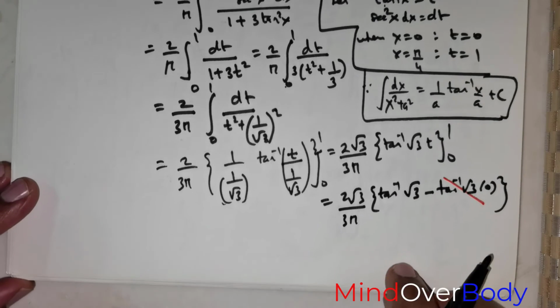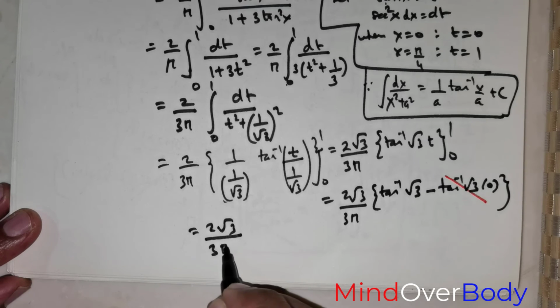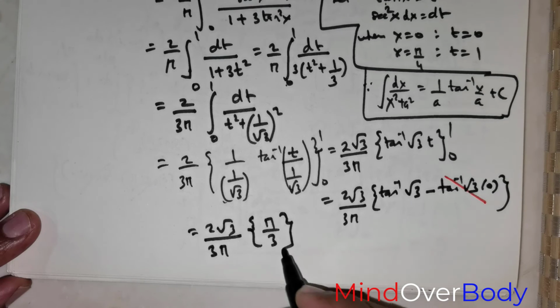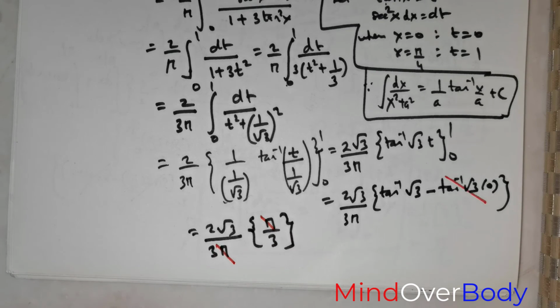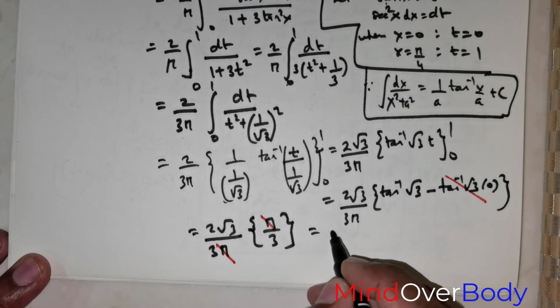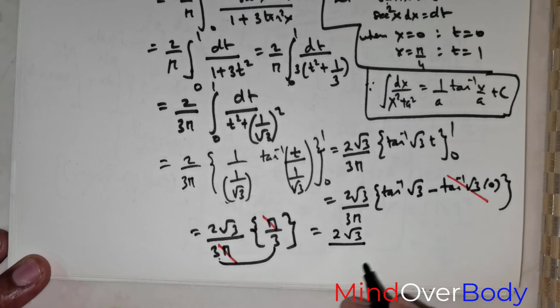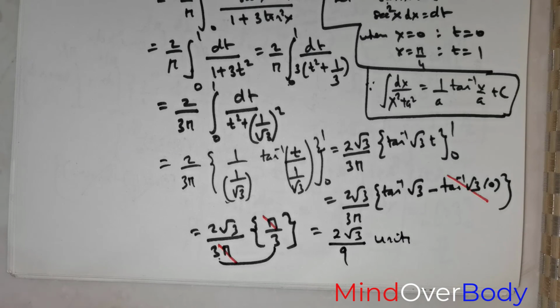This one gives us 2 times root 3 over 3 pi, times pi over 3. So I can cancel the pi's here, and I can rewrite this as 2 times root 3 divided by 3, multiplied with 3, giving me 9 units. So that would be the solution for this question.